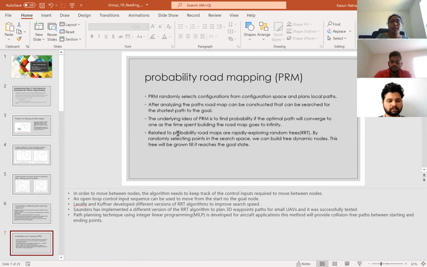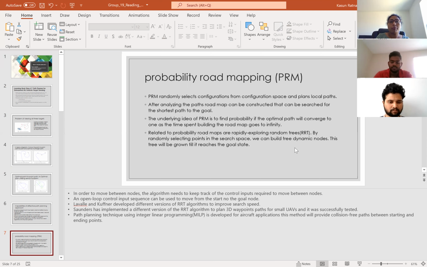So here, PRM randomly selects configurations from the configuration space and plans according to the local paths. After analyzing the path, the roadmap can be constructed based on previous information it has. The underlying idea of PRM is to find the probability of the optimal path, which will converge to one as the time spent building the roadmap goes to infinity.